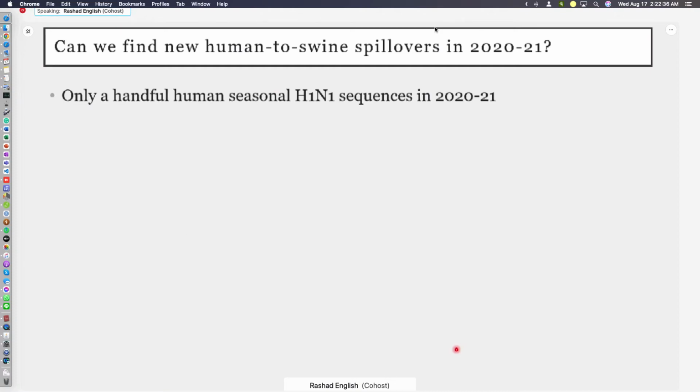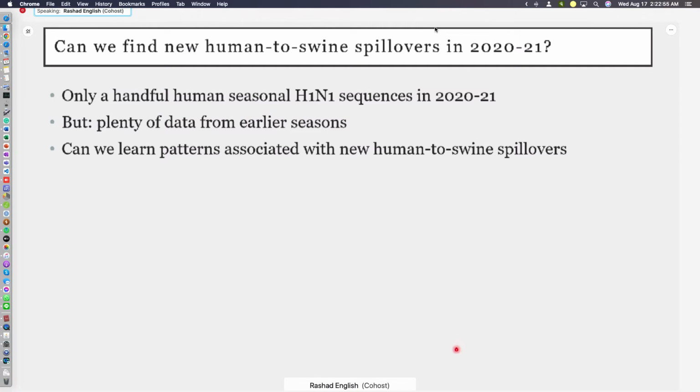The challenge here is that as a reference, we have only a handful of human sequences that were publicly available for the 2021 season, so we cannot do typical phylogenetic analysis. But on the other hand, we have plenty of nice historic data, and so we wanted to see if we can learn some patterns associated with new human-to-swine spillovers.